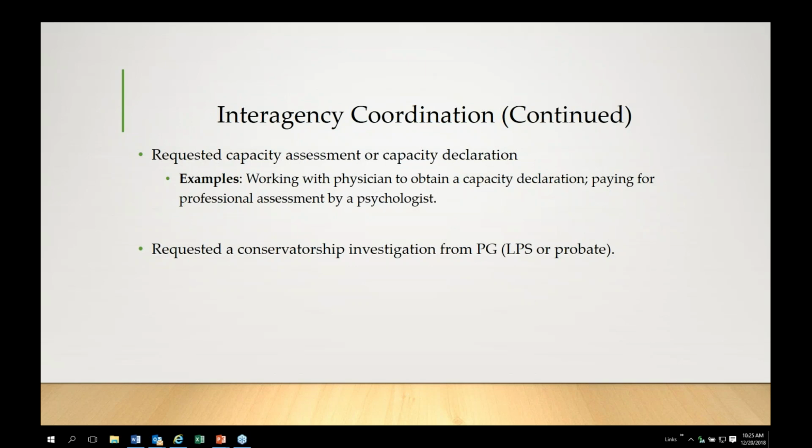This is not that you got the conservatorship, it's that you referred it over to the PG for a conservatorship. We want to start keeping account of how often that happens. One of the reasons for doing that is to help build the case that public guardian needs to be a heftier program that's able to meet the needs of APS clients. And by getting these numbers, that's going to help us with that.